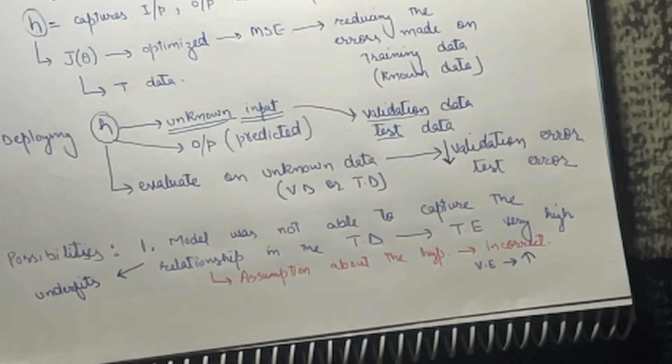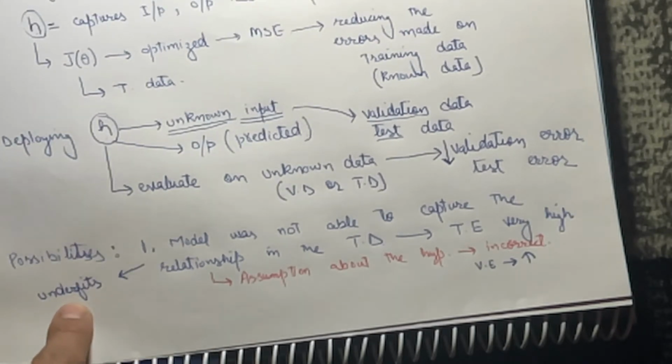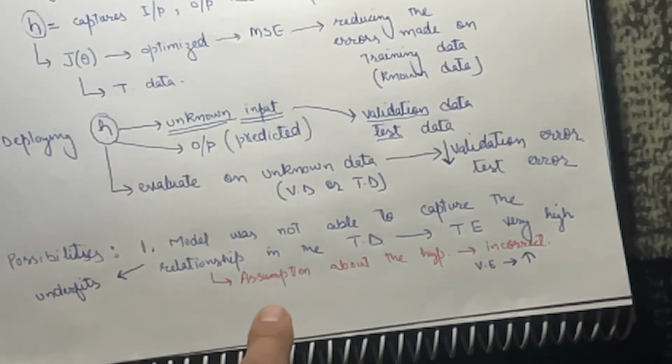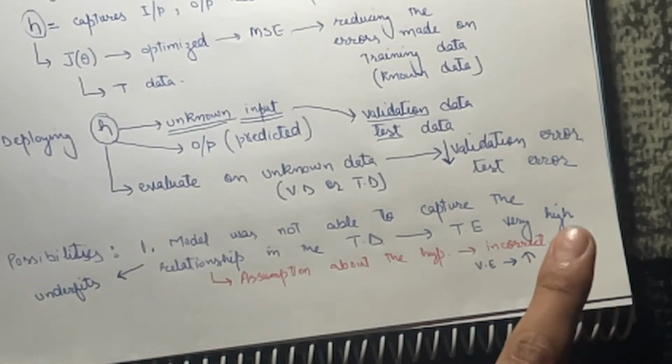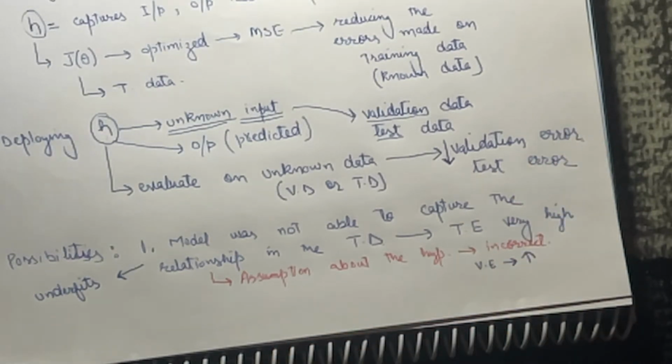So what is underfitting? Underfitting means that our model is not able to capture the relationship in the input and output data in the test set. Why does this scenario happen? It happens when our assumption about the hypothesis function is not the same as the relationship in the training data set.